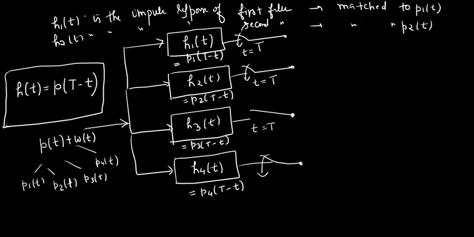So, here we will get some value. So, if A1 is the highest, what does it mean? Since you have a matched filter H1T, if P1 was transmitted, just think like that.